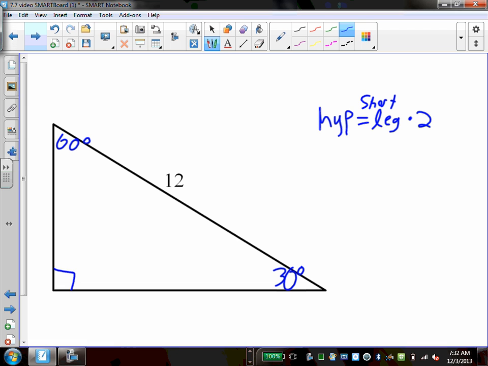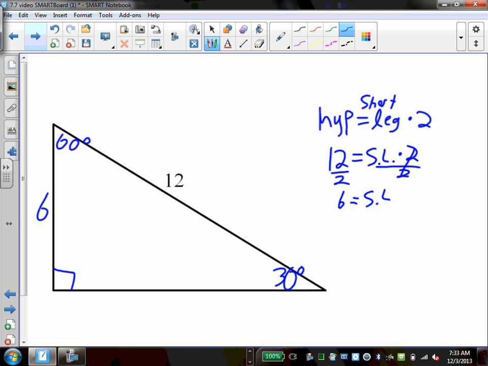Well, let's plug in the value that we know, which is the hypotenuse. Then we know that 12 equals the short leg times 2. If we divide both sides by 2, we get that the short leg has a length of 6. Remember that the short leg is always the one across the triangle from the 30-degree angle.